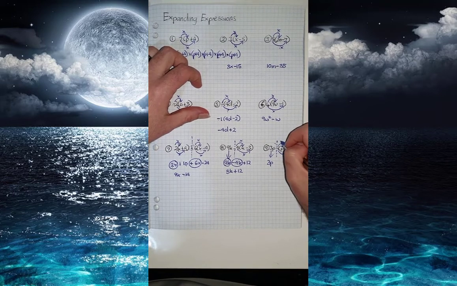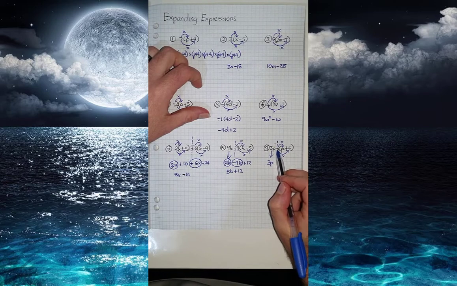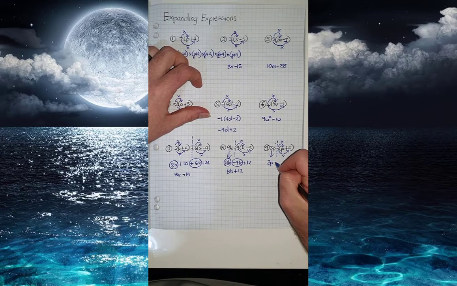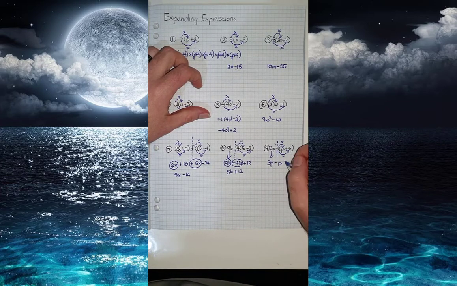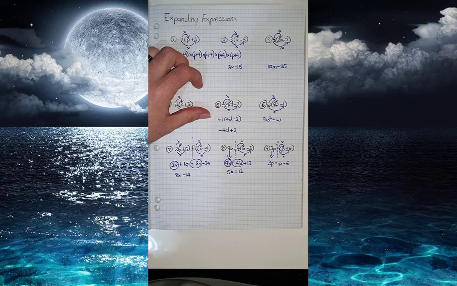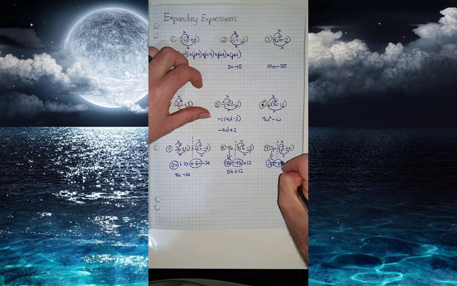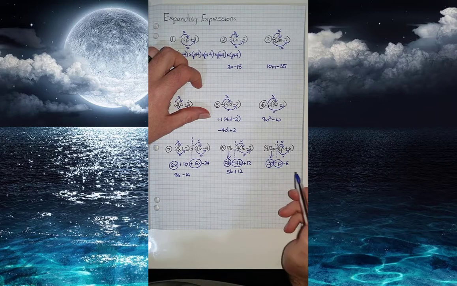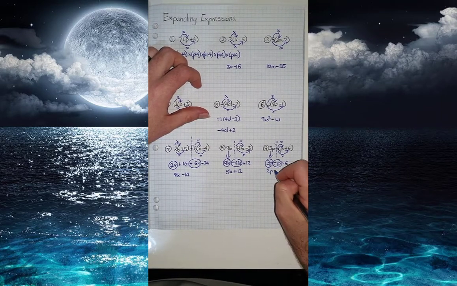We know that this is -1. So -1 times p is going to equal -p. Now -1 times 6 equals -6. Now let's circle our like terms. 3p minus p equals 2p minus 6.